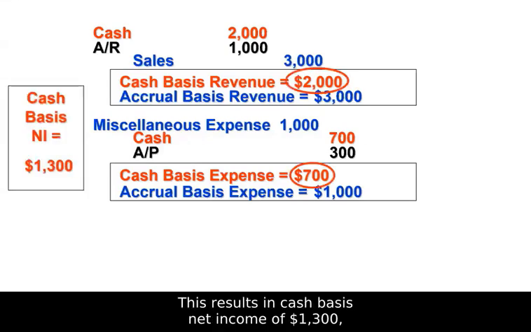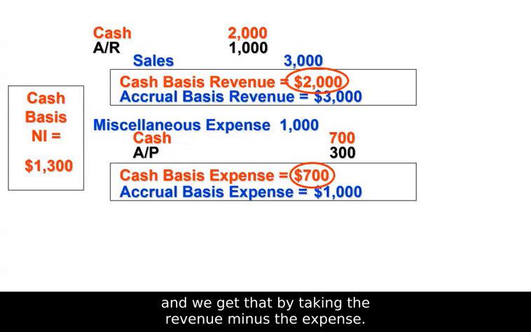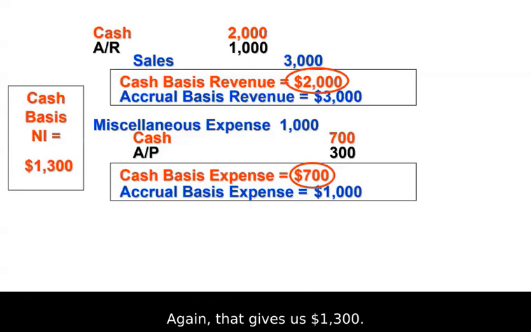This results in cash basis net income of $1,300, and we get that by taking the revenue minus the expense. Again, that gives us $1,300.